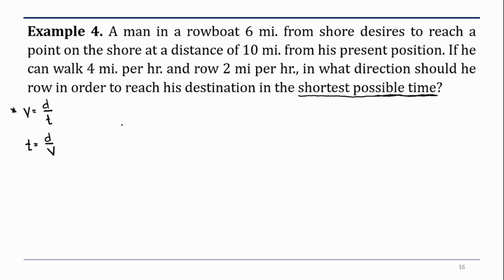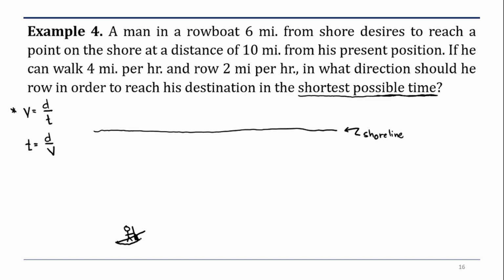So, illustrate lang natin yung problem natin. So, meron tayong shoreline. Tapos, for example, ito yung shoreline natin. Tapos, meron tayong man in a rowboat that is 6 miles from the shore. So, meron tayong mambabangka.